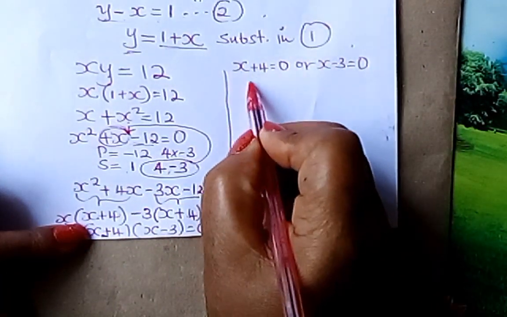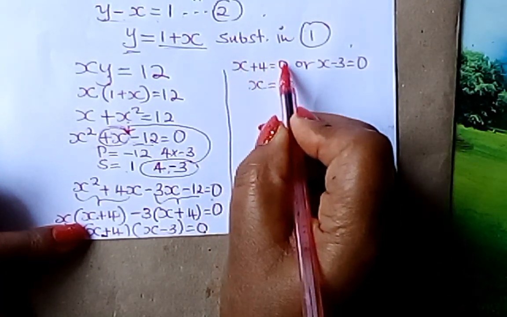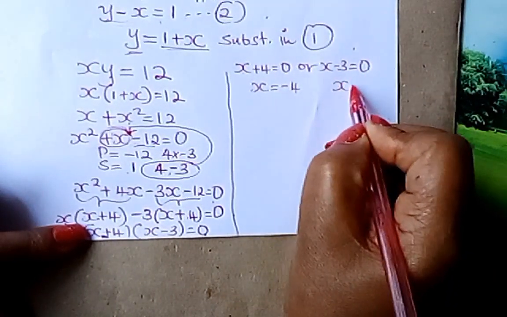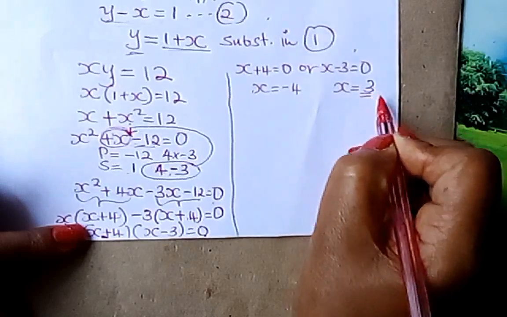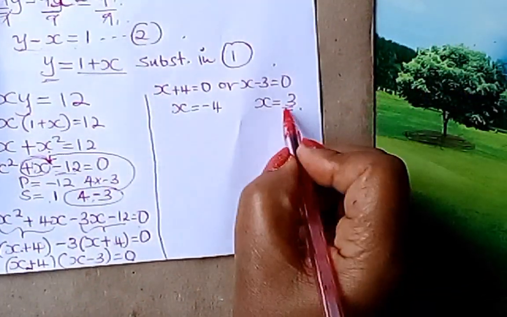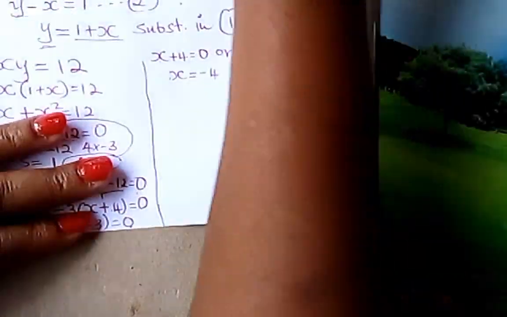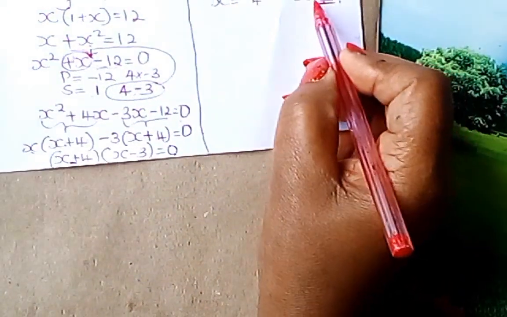Meaning that your x here is what? Take this to the other side, it becomes minus 4. Take this to the other side, x will be 3. So you pick the positive number and get your y.